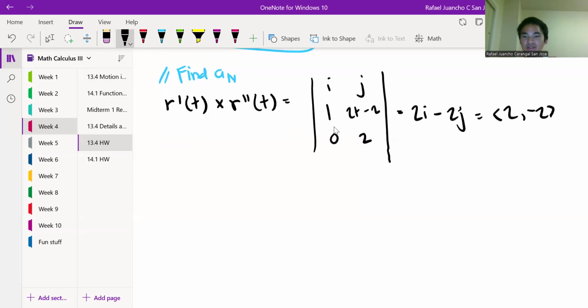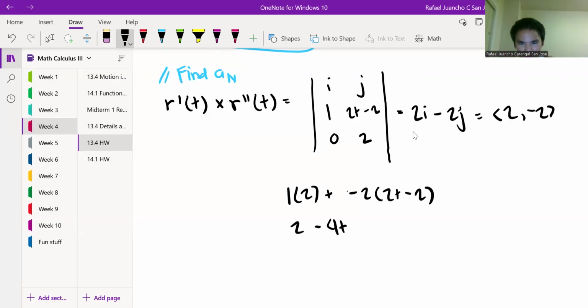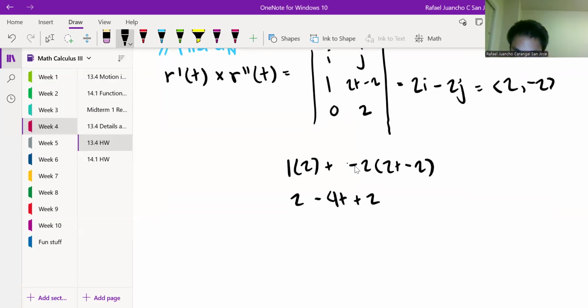Then I'm gonna see, so the properties of a cross product, right? If you use the dot product on both of these, you should get 0. So let me quickly try that. 2 minus 4, plus 2. So I get 4.